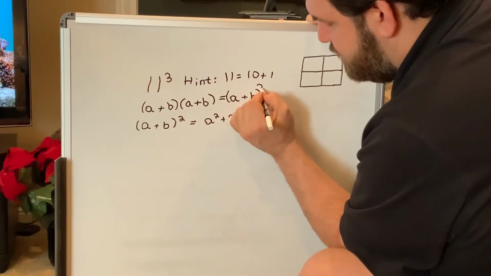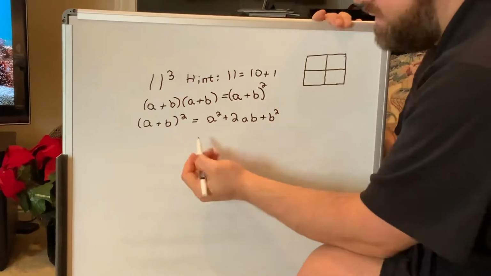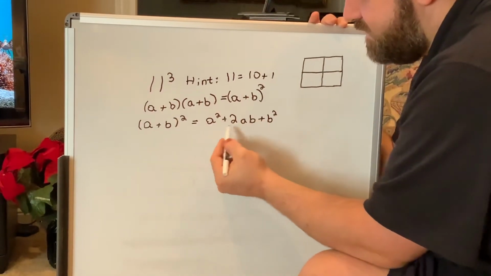So we want to find out, how do we get from this to this?